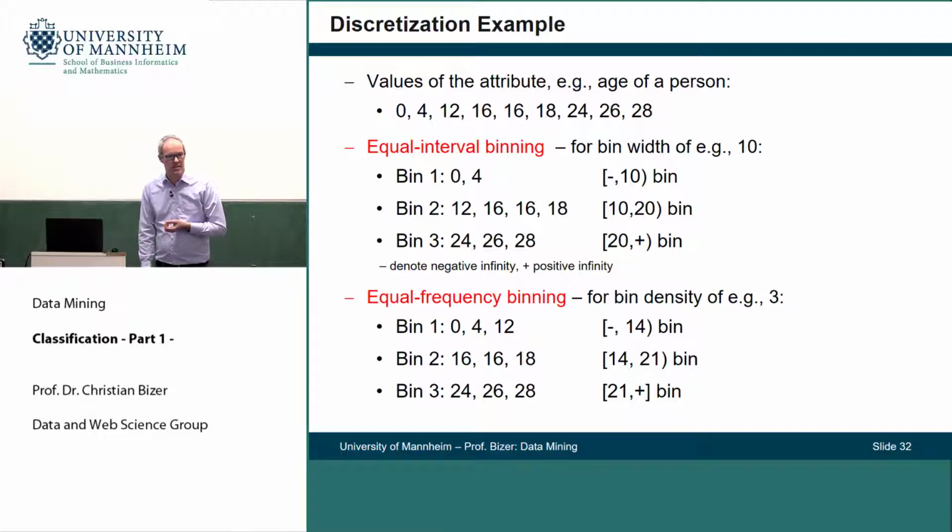Sometimes it also makes sense, if we have some knowledge about the semantics of the attribute, to use user-defined binning boundaries. For instance, we have the age of a person, and we want to do eager learning, so a model that we can interpret. So it might make sense to define the boundary as 18 and younger, or 65 and older, and those in between.